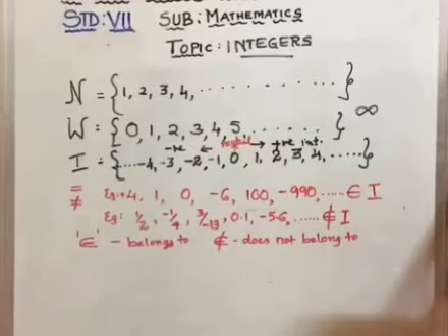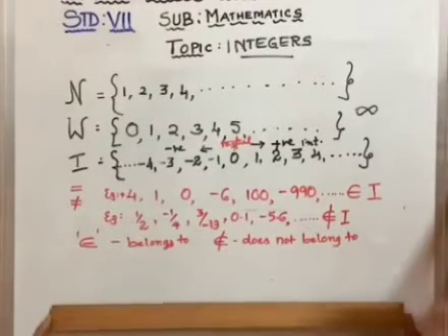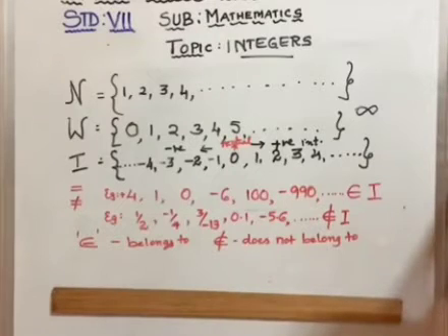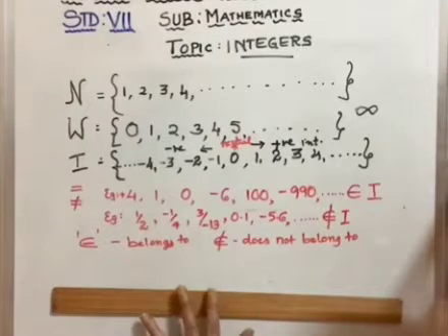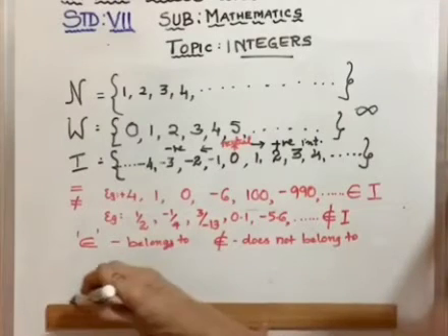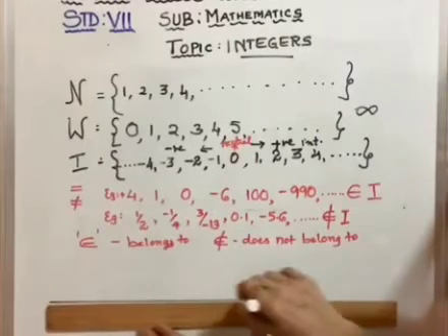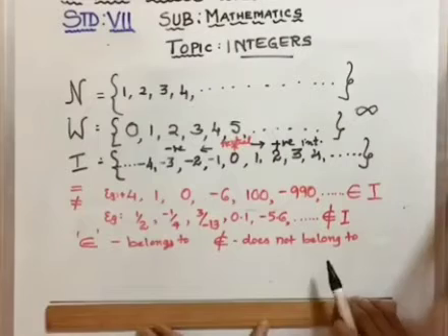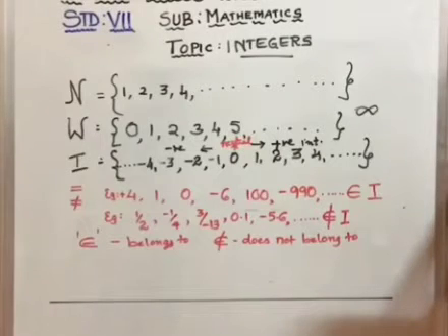Now, quickly let us draw a number line. Children, you all remember how to draw a number line? Yes, I'm sure you all remember. Please draw a straight line. Use your scale or ruler. Draw a number line.